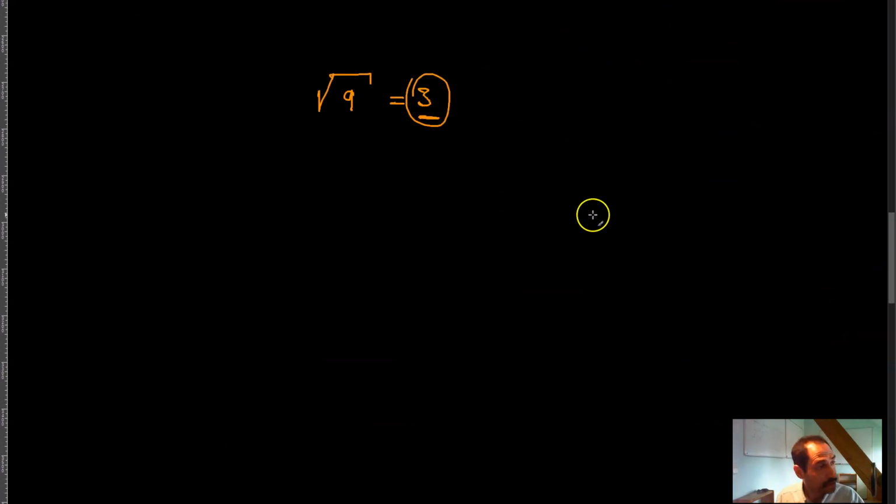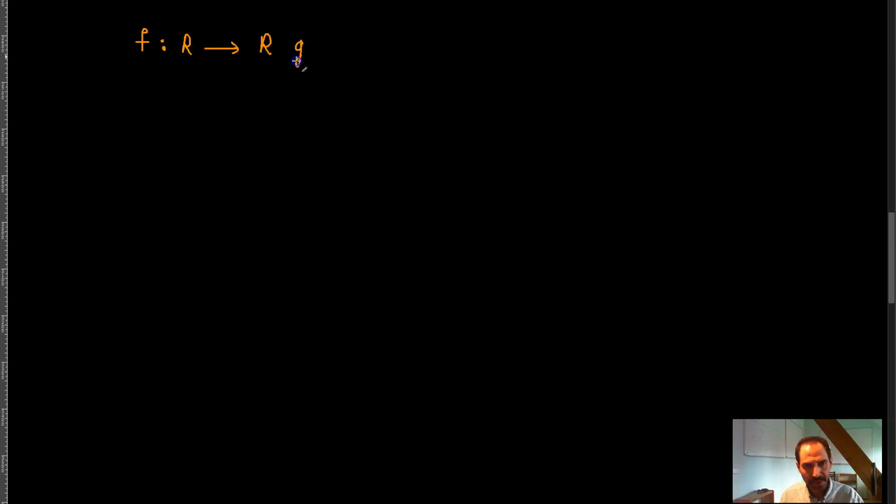Now the third part of this question is basically that we have the exact same function, but we have changed the domain and the codomain, meaning that now f goes from R to R, given by f of x is equal to x squared.